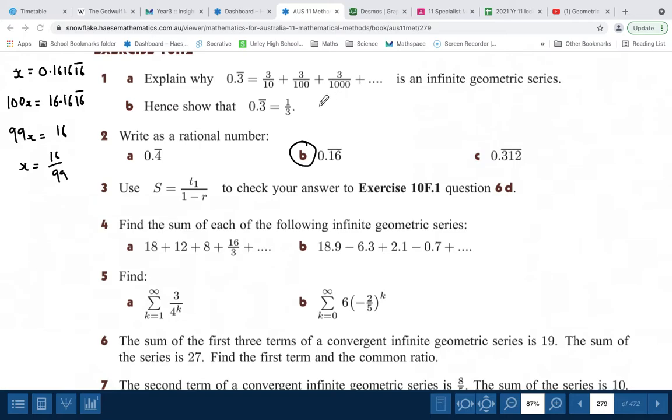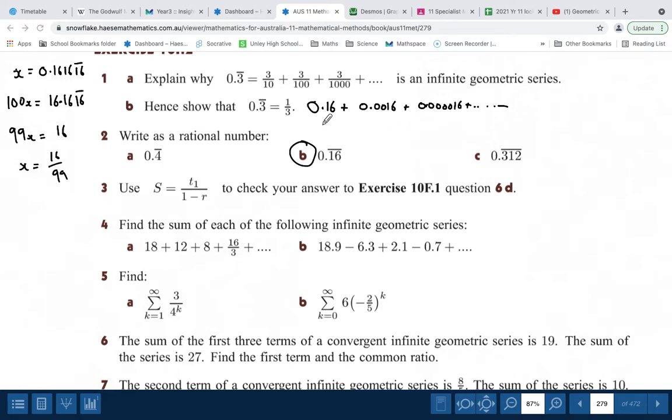We could say it's 0.16 plus 0.0016 plus 0.000016, etc., etc. Or we could say that that's 16 on 100 plus 16 on 10,000, plus 16 on the 1,000,000th, etc. Right?